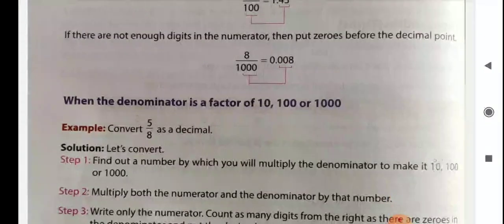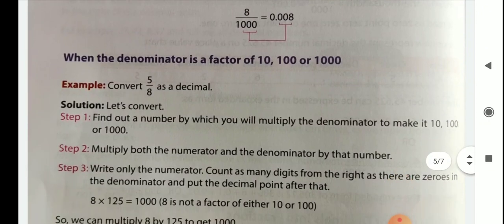Then when the denominator is a factor of 10, 100 or 1000, what do we do? First step, find a number by which you will multiply the denominator to make it 10, 100 or 1000. Step 2, multiply both the numerator and the denominator by that number.